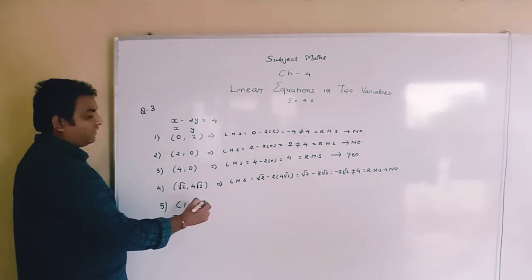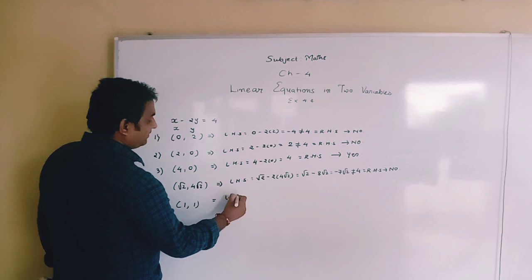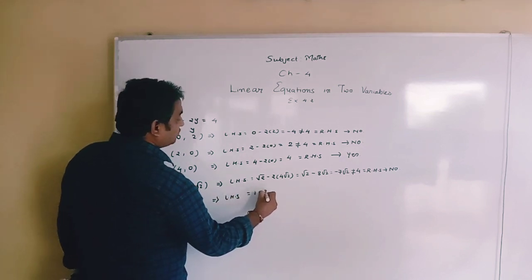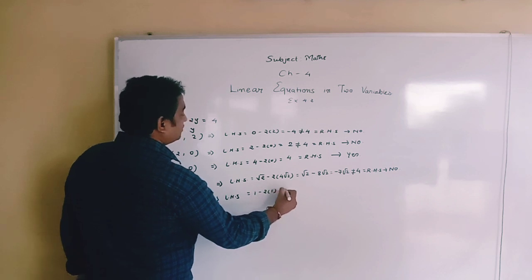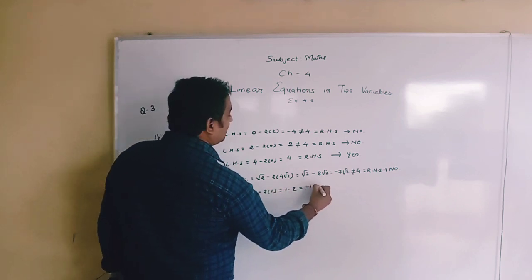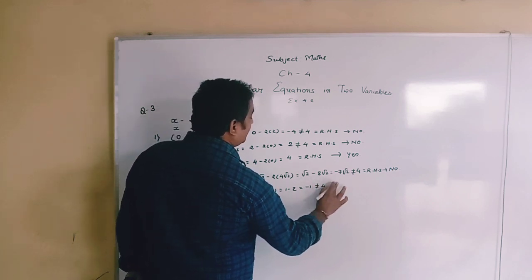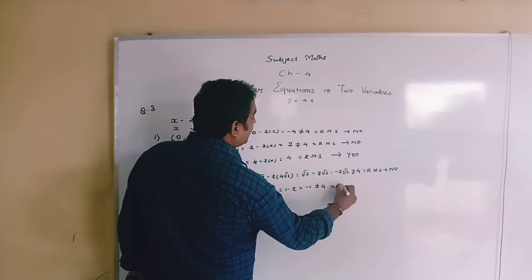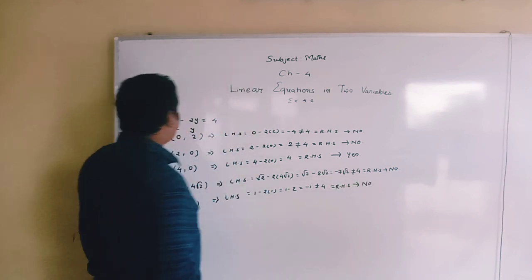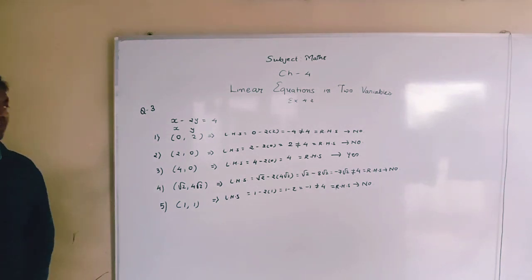Now (1, 1) we take, and the left hand side is 1 minus 2 into 1, which is 1 minus 2, that is minus 1, not equal to 4. And so it is not equal to the right hand side, and so it is not a solution of the given equation x minus 2y equals 4.